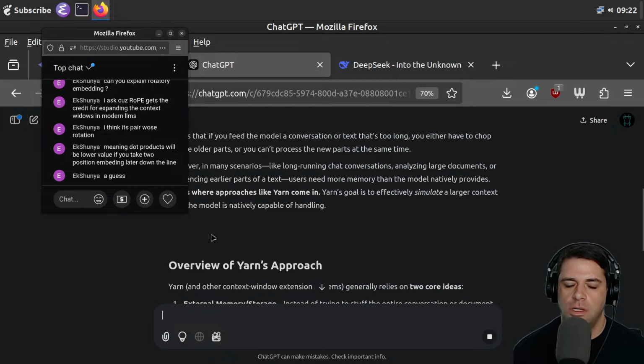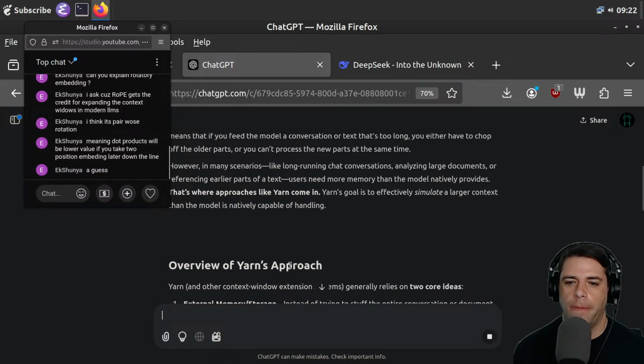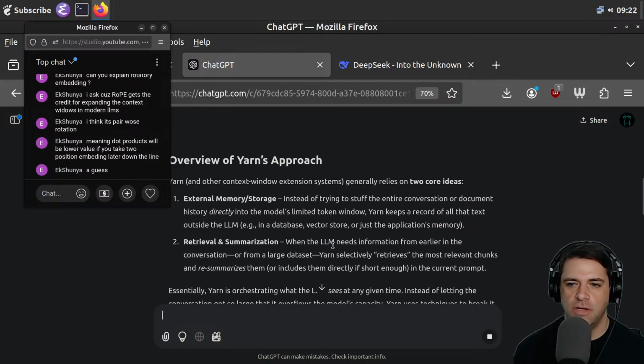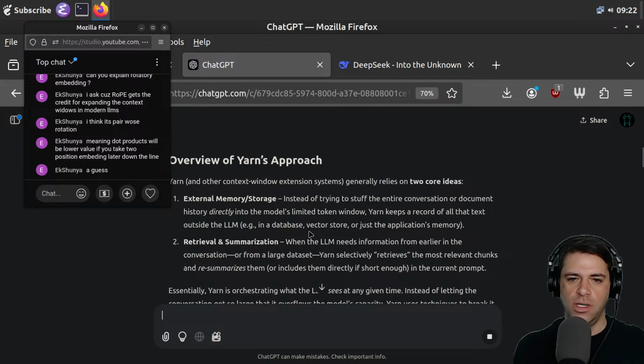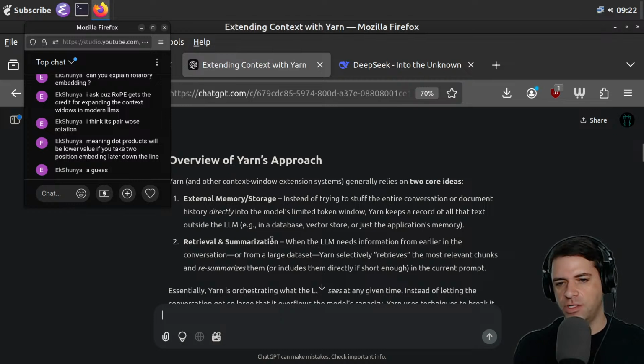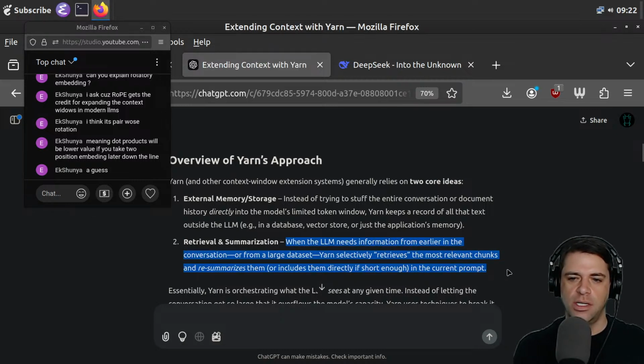So here's the overview of YaRN's approach. It generally relies on two core ideas: external memory storage, instead of trying to stuff the entire conversation or document history directly into the model's limited token window, YaRN keeps a record of all that text outside the LLM, for example in a database, vector store, or just the application's memory. Okay, so maybe a little bit like RAG. Retrieval and summarization: when the LLM needs information from earlier in the conversation or from a large dataset, YaRN selectively retrieves the most relevant chunks and re-summarizes them.